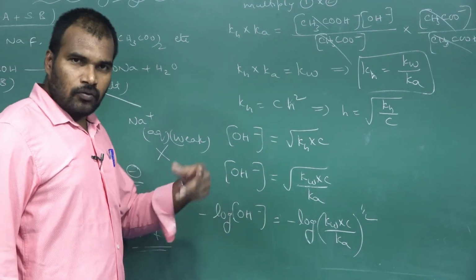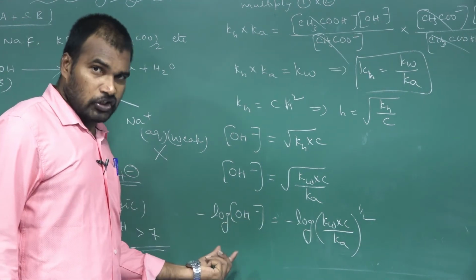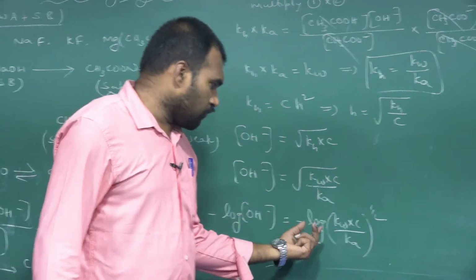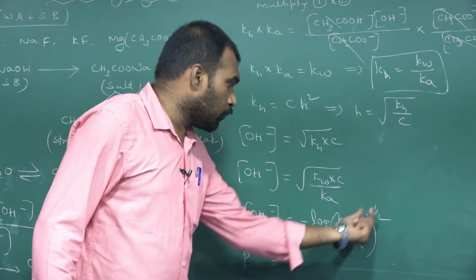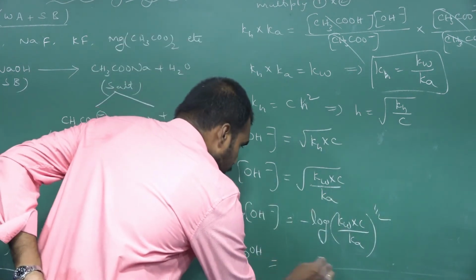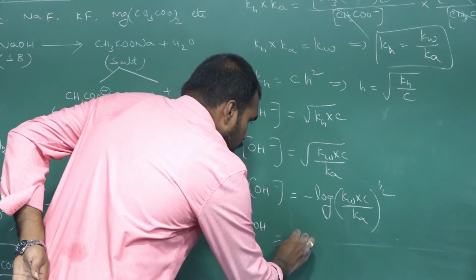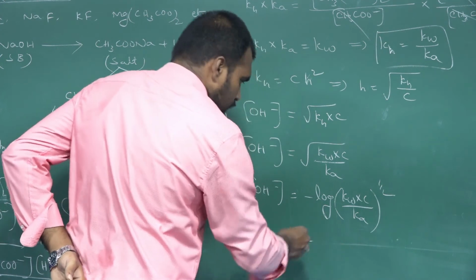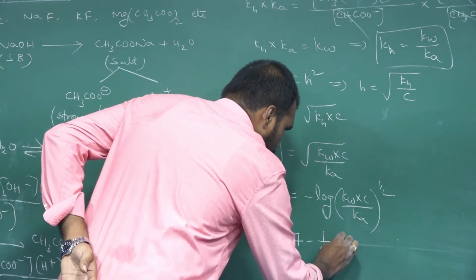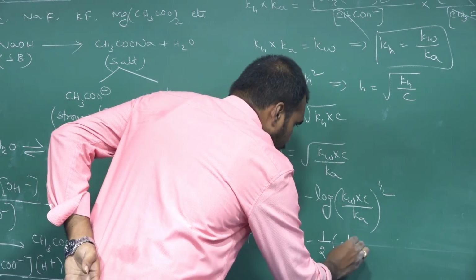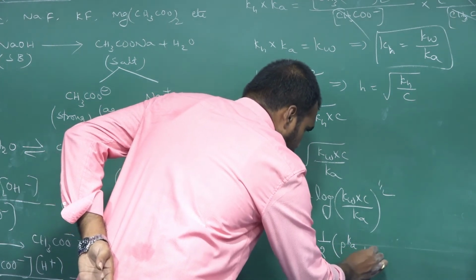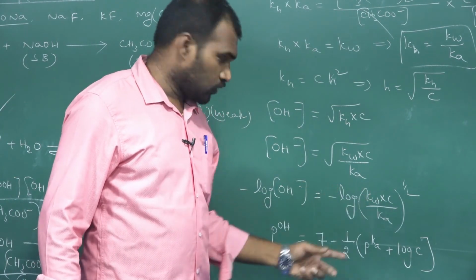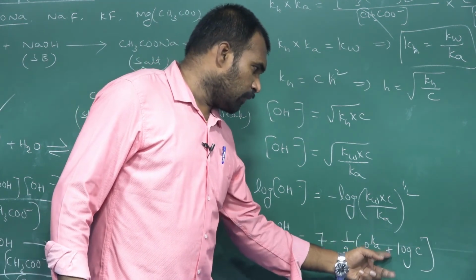Finally, if you substitute, minus log of OH minus means pOH. pOH is equal to, and last time we did minus log of Kw into C by Kb to the power of 1 by 2, what we got is 7 minus half into pKa plus log C. Previous, same we did in the last. So 7 minus half into pKa plus log C.